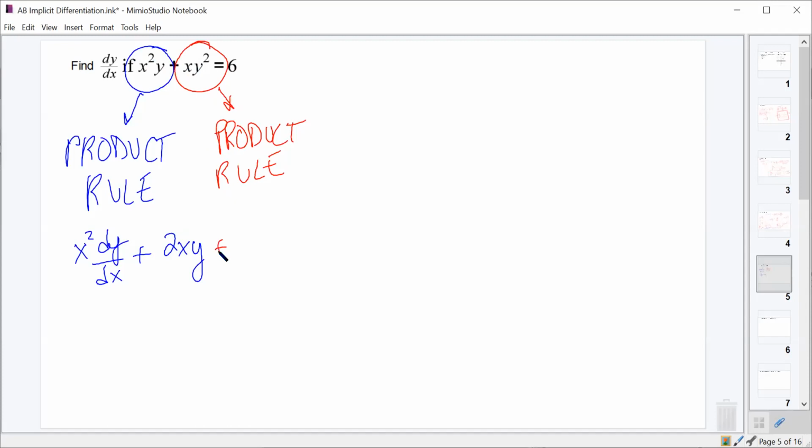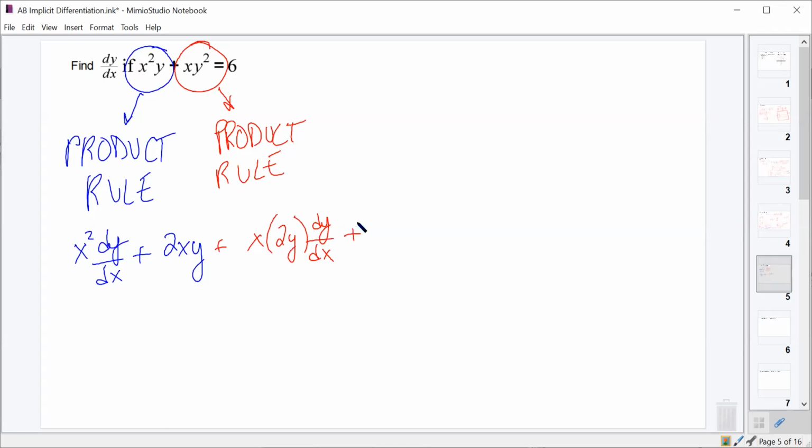So plus, this time it's going to be x, and then times the derivative of y squared with respect to x. So what is that derivative? 2y times dy dx. We get the dy dx because we're taking the derivative of a y term with respect to x. And then plus what?